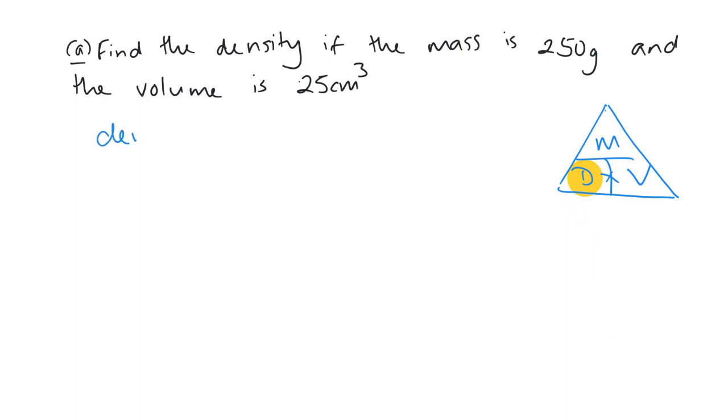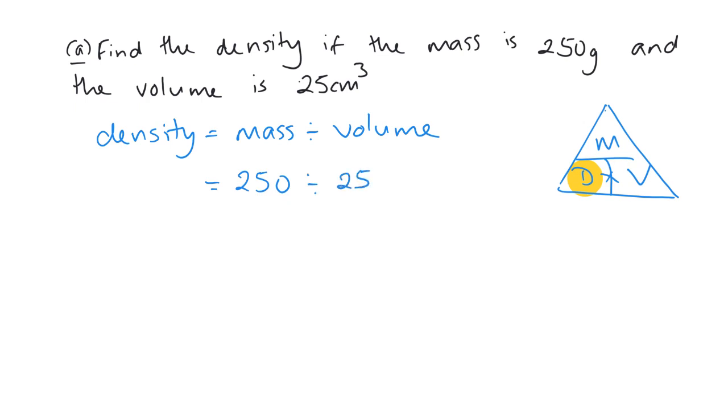So our density, and write out the formula that we're going to use, mass divided by volume. So our mass is 250, our volume is 25. So divide and we get 10, and then we'll have to think about the units. So it's grams and centimeters cubed. So our units for density are grams per centimeter cubed.